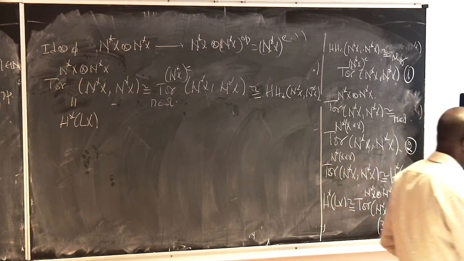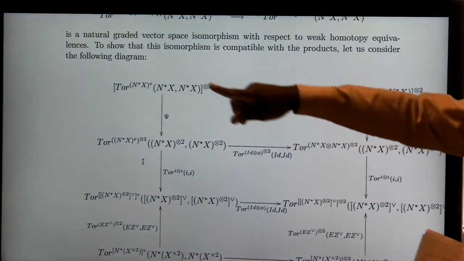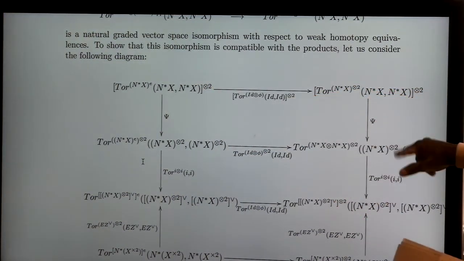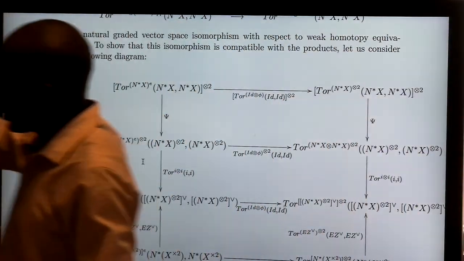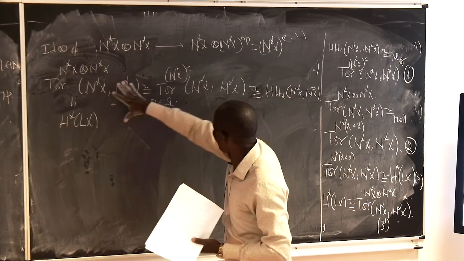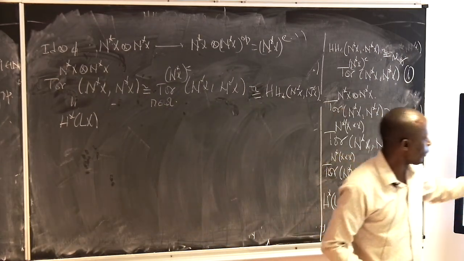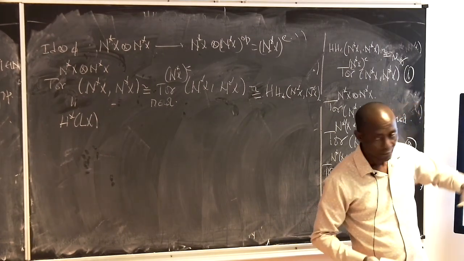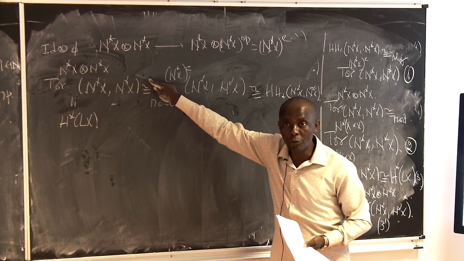This one here, that's the one we have on the left side here. So we have the product between the product on this algebra and the product on this module and the product on this module. And with this diagram, since this diagram commutes, it means that the morphism here is compatible with the product.